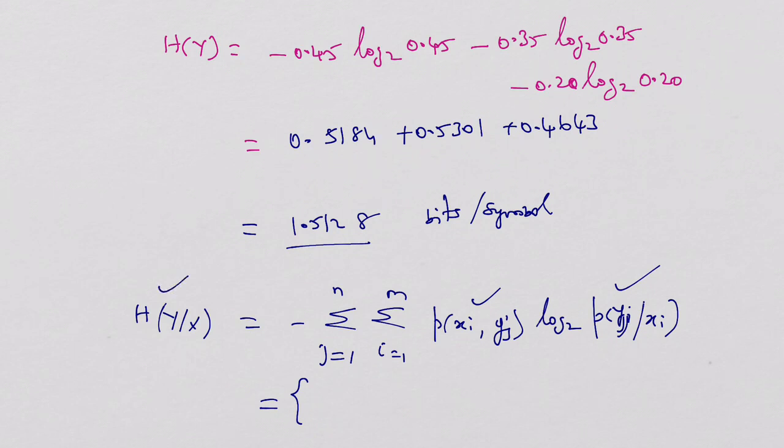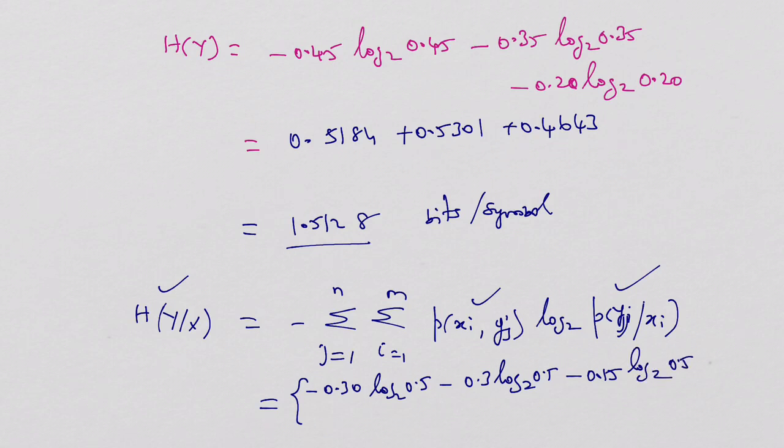It will be simply, in this row, minus 0.3 multiplied by log of 0.5 to the base 2, minus 0.3 multiplied by log of 0.5 to the base 2, minus 0.15 multiplied by log of 0.5 to the base 2.